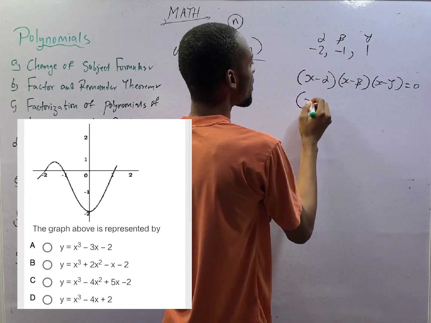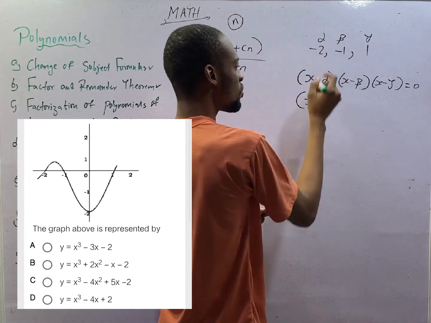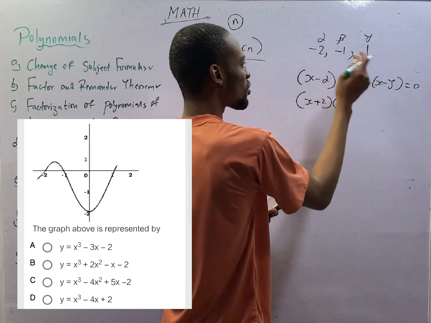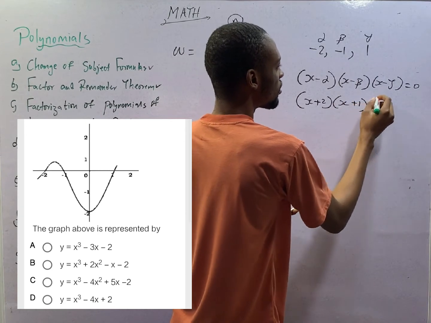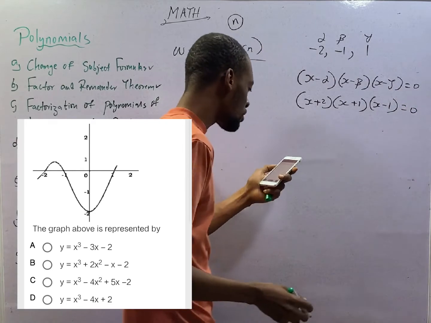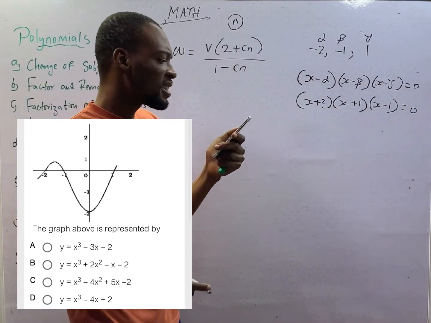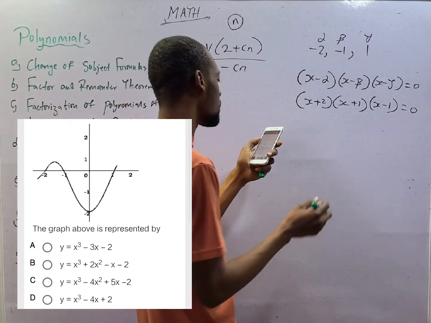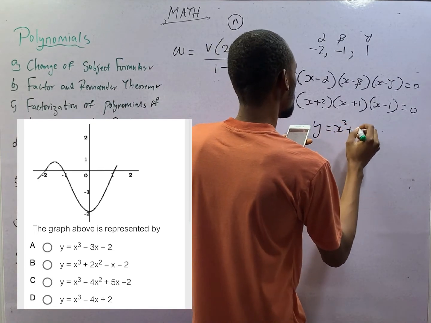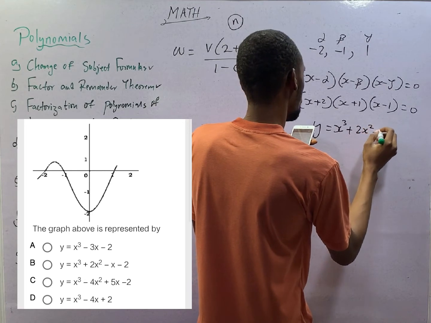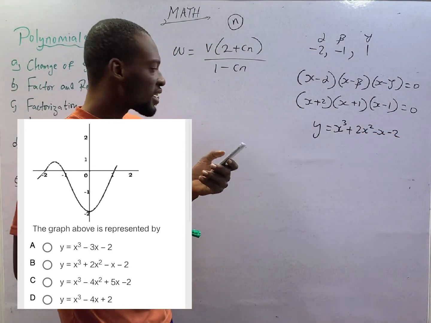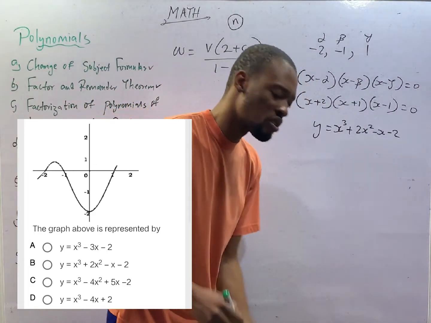So we have s minus minus 2, that is s plus 2, s minus minus 1, that is s plus 1, then s minus 1, equals 0. If you solve this the way I taught you, you are going to get y equals s raised to the power of 3 plus 2s squared minus s minus 2. This will be your answer. If you got a contrary answer, please let me know.